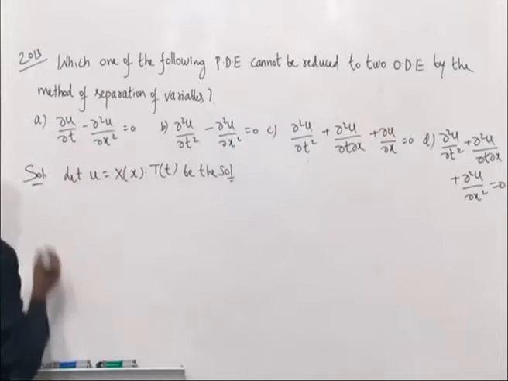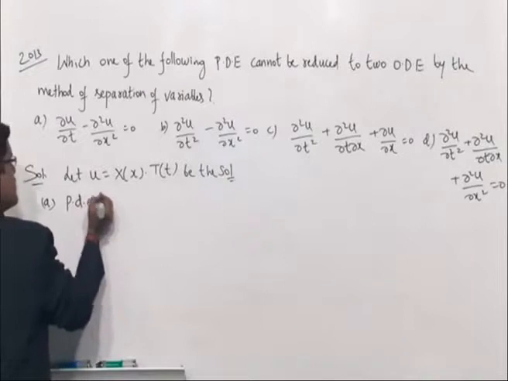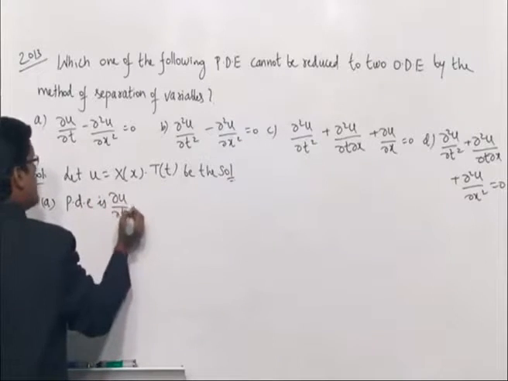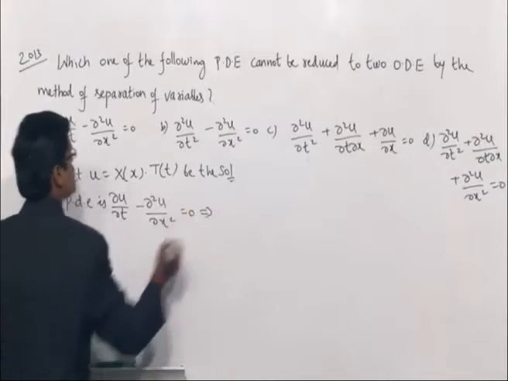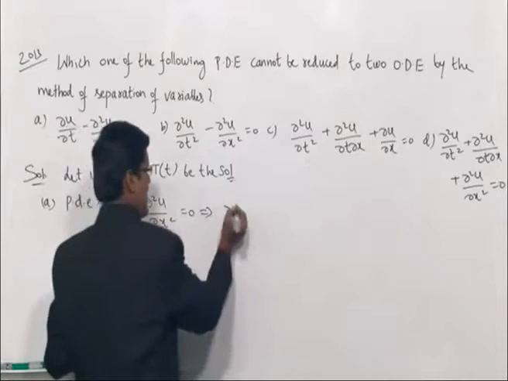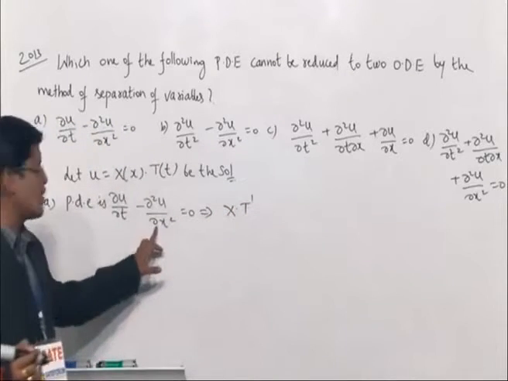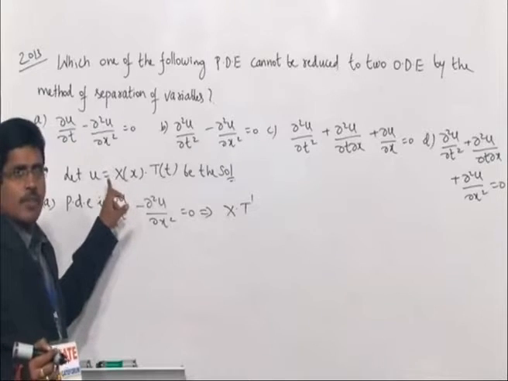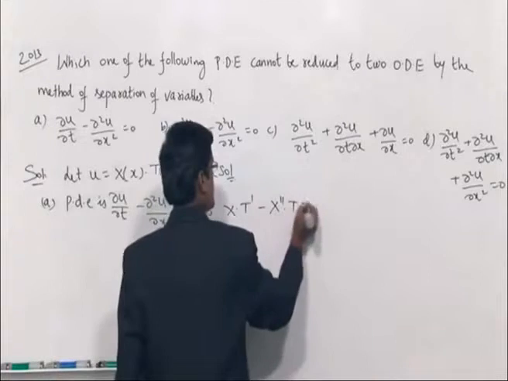Now option A, the PDE is dou u by dou t minus dou square u by dou x square equal to 0. This reduces to, first of all, with respect to t, x constant, t derivative t dash. With respect to x, two times, I have shown you in the previous problem, minus x double dash into t is equal to 0.